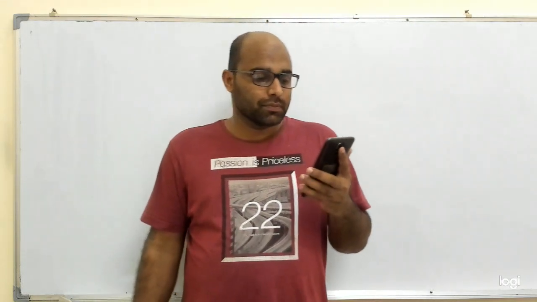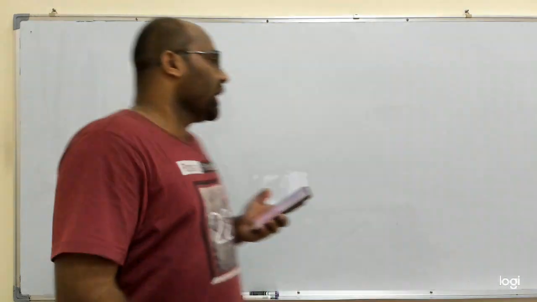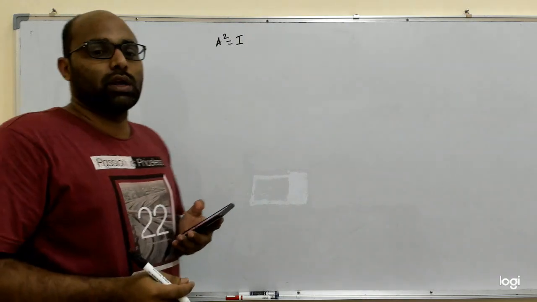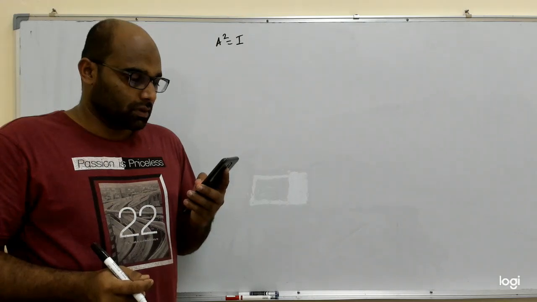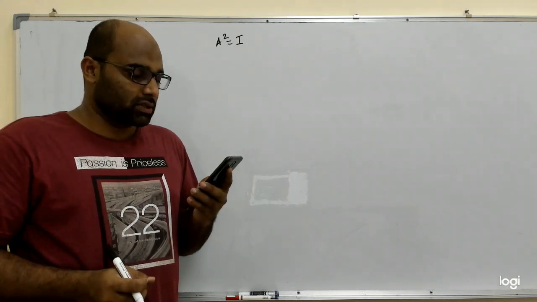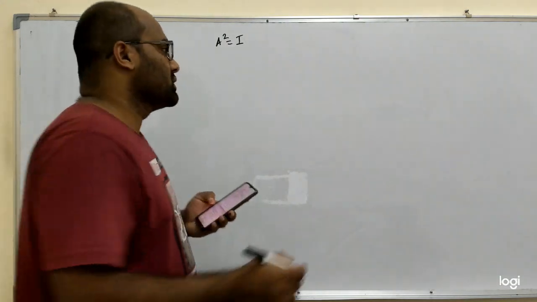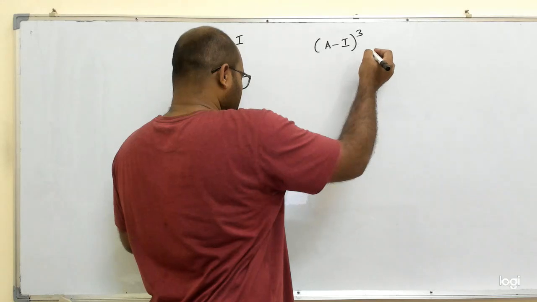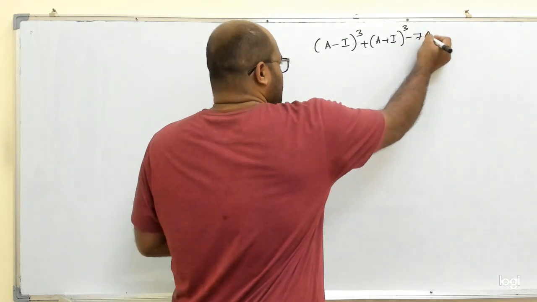Okay, next one. If A is a square matrix such that A square equals I, then find the simplified value of (A - I) whole cube plus (A + I) whole cube minus 7A.